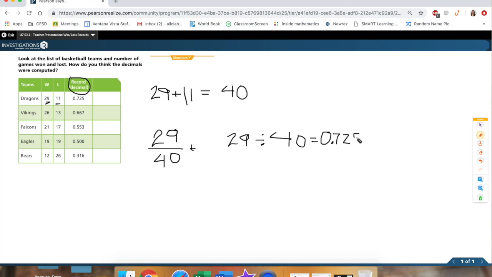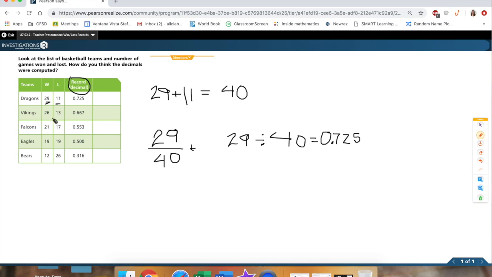If you have a calculator, I don't have one right here, but you can type in 29 divided by 40, and that would give you 725 thousandths.